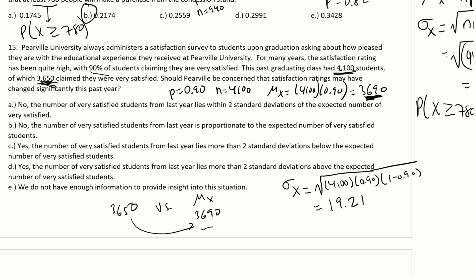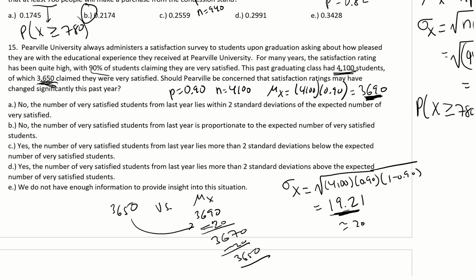Is that cause for concern? If we round this to about 20, then one standard deviation below is 3,670, and another standard deviation is 3,650.